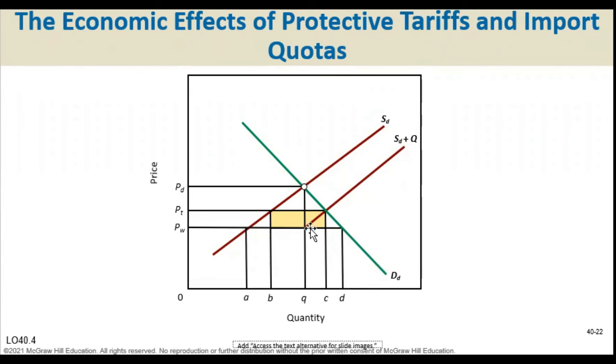If you project the world price, that's the demand and the supply, so you can see that there's a shortage, which is this gap over here, and this shortage will be solved with imports, equivalent to AD.